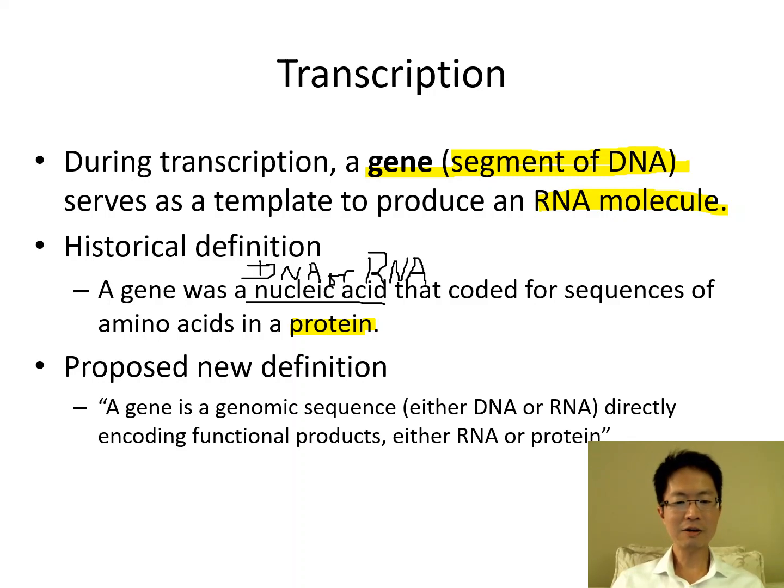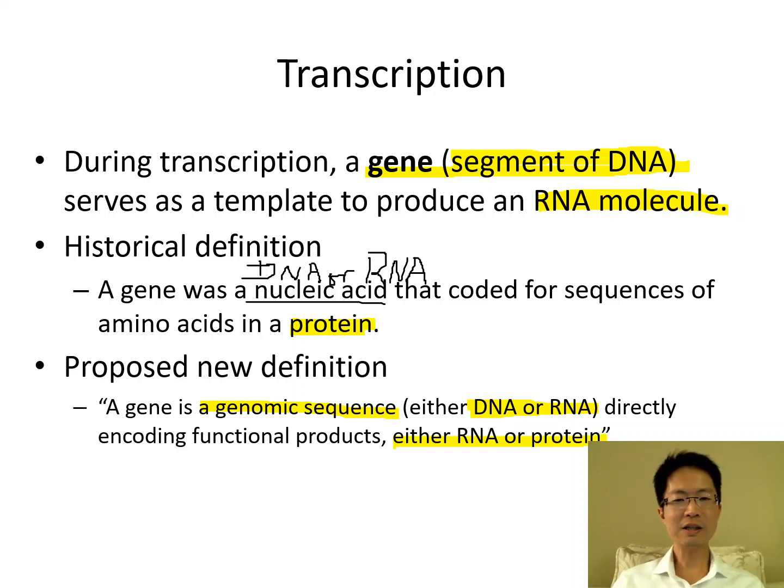The historical definition basically uses nucleic acid, either DNA or RNA, that codes for protein. The new definition, genomic sequence, wow, that is a very fancy term, but basically it's like nucleic acid. It means either DNA or RNA that directly codes for a functional product, either RNA or protein.